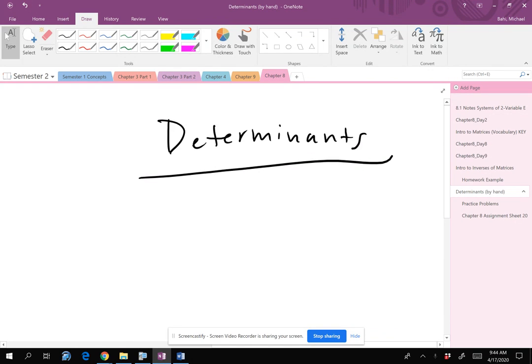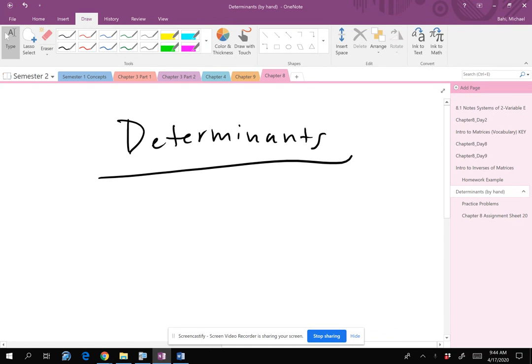Here we go. These are determinants. Matrices have determinants, and I'm not going to go into too much detail about what they're used for, but there are so many applications, and you'll be doing them next year, especially in pre-calc honors.